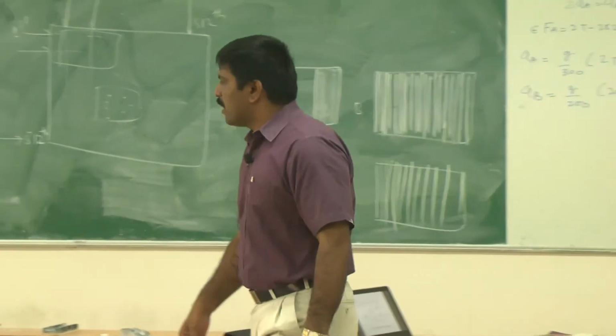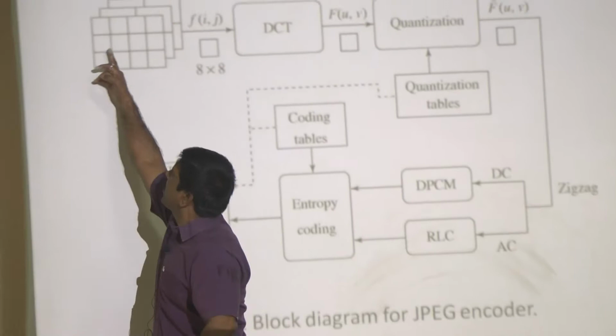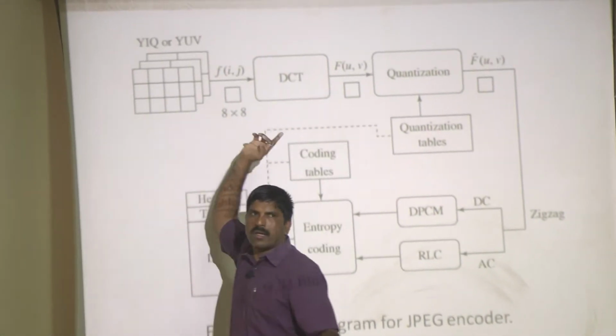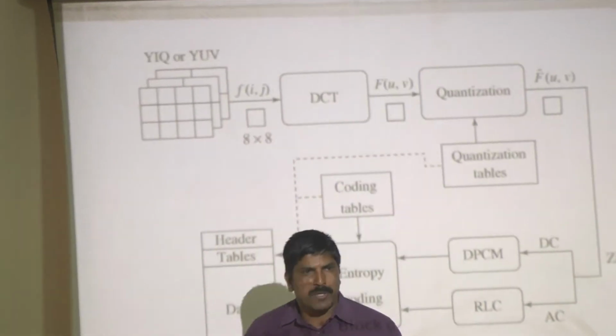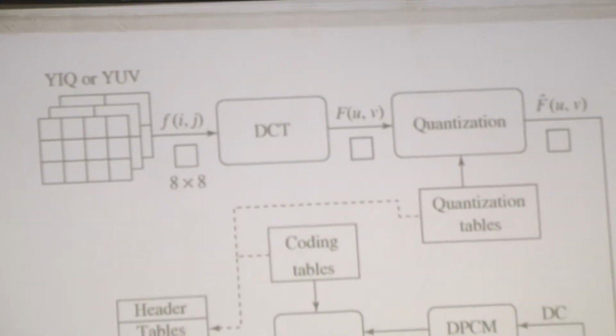For example, here you have this 8x8 part of the image. If you take the DCT of this one, you'll get the DCT representation of the image. What exactly do you get? You are representing that spatial domain information into spatial frequency domain information.